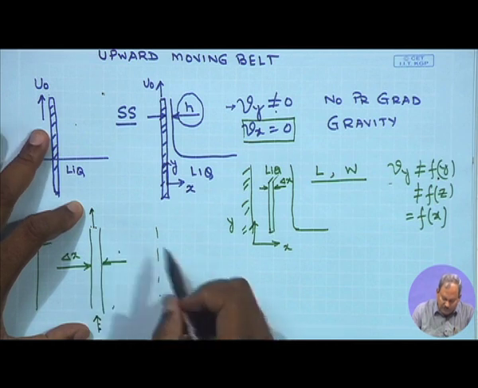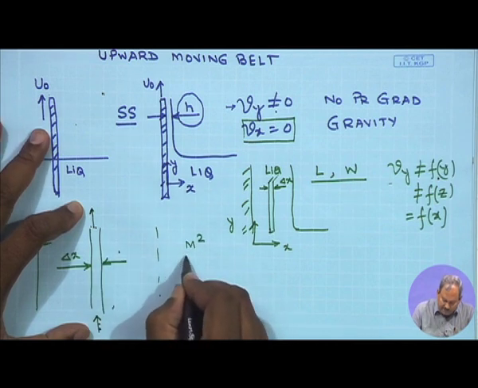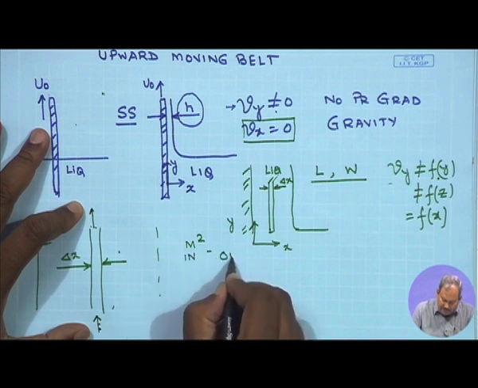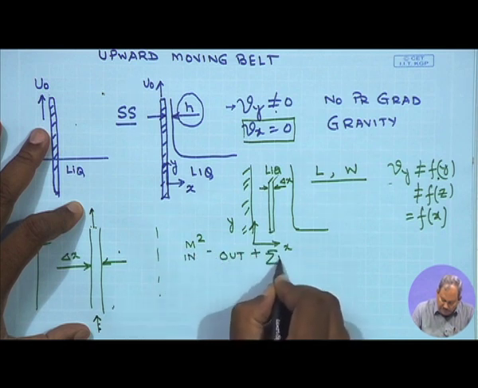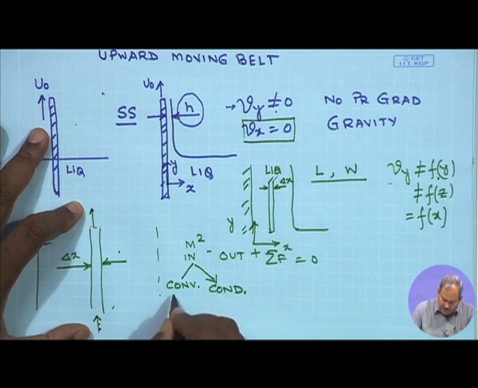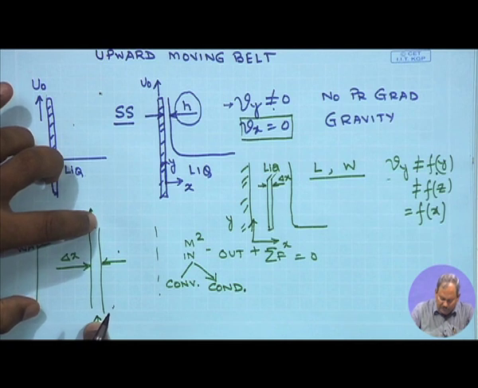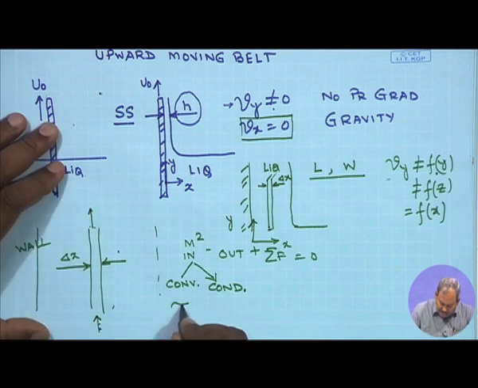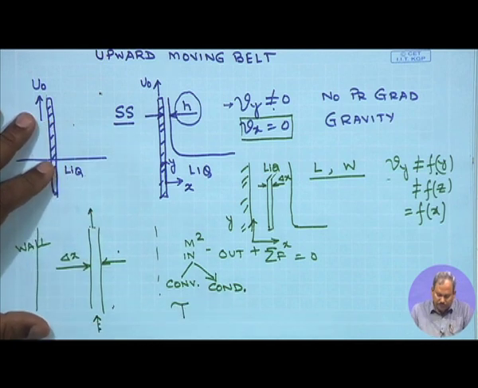So, I do not need to write, when I write the momentum in minus out plus sum of all forces is equal to 0, and I identify that there is going to be a convective part and there is going to be a conductive part. The convection part I do not need to write, since the velocities at these 2 points are equal, but I need to take into account the tau.